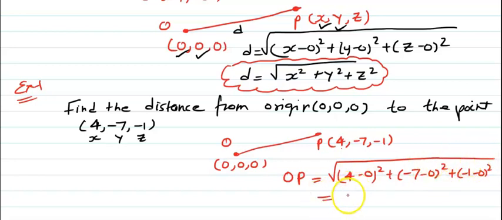So 4 square will be 16, minus 7 square will be 49 and minus 1 square will be 1. If you add 16 plus 49 plus 1, it will give you root 66. So the distance of point P from the origin is root 66 units.